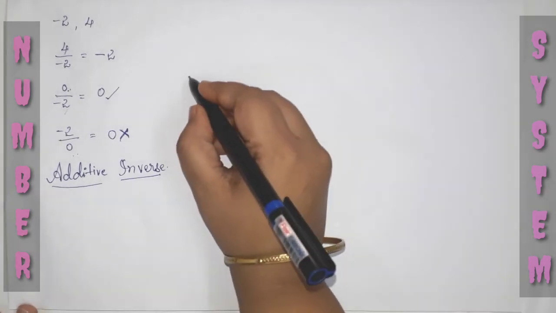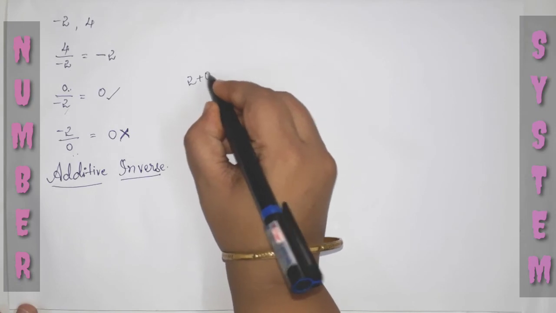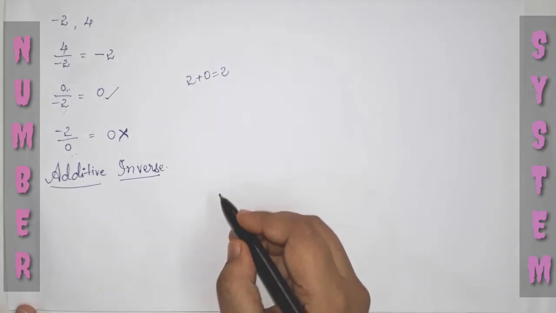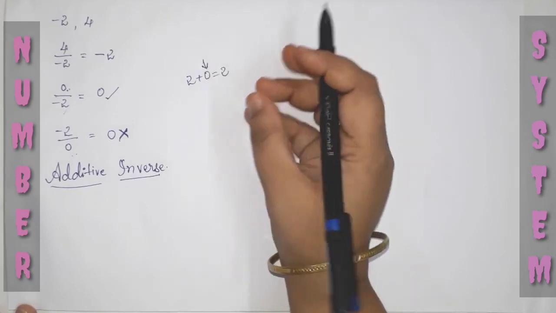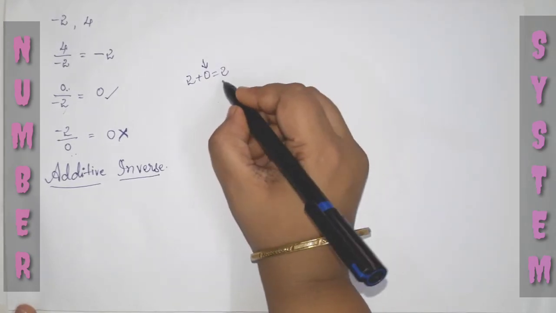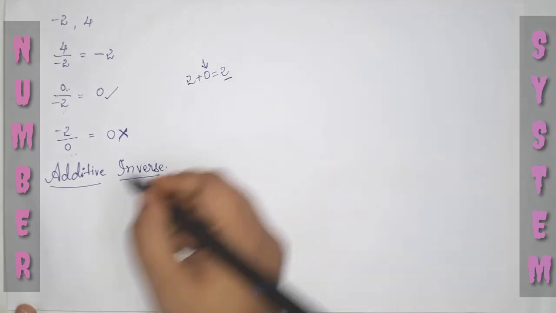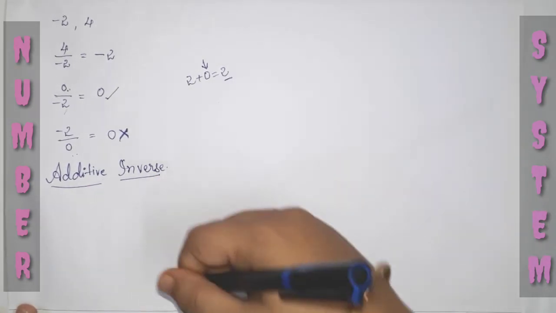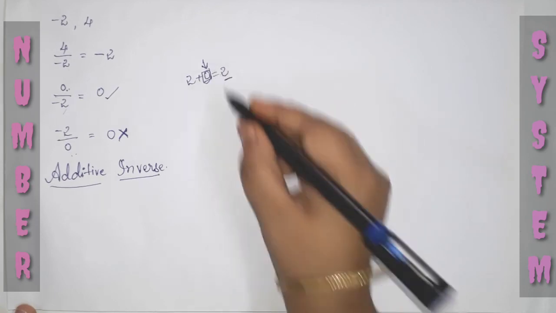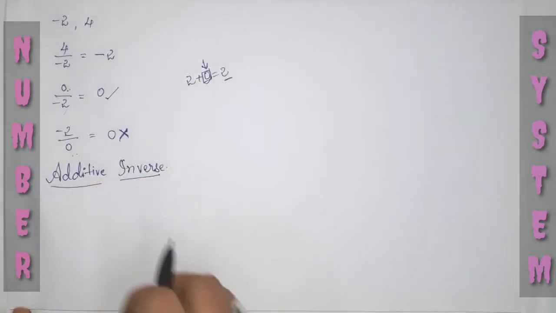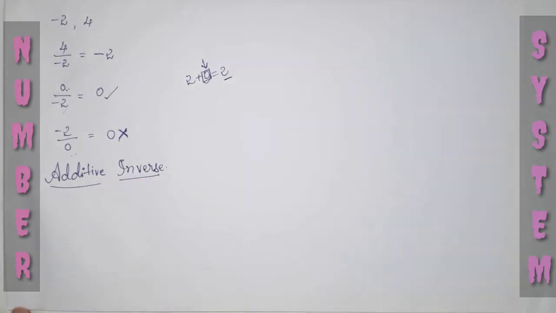Before, for 2 you added 0, you got 2. Identity means adding to a number, you get the same number. Here, additive inverse means for whatever number you take, you have to add a number to get 0.